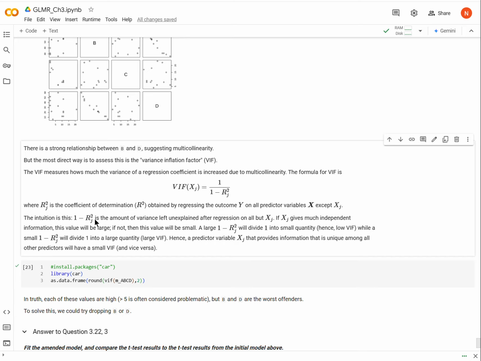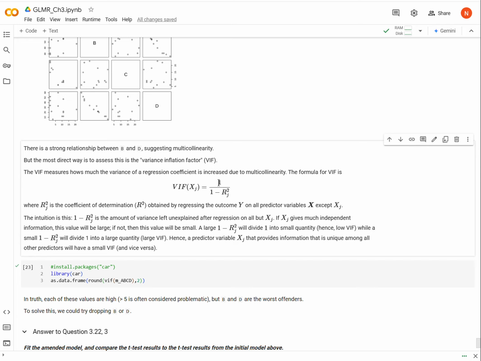Okay? So if xj is informative, if I regress without xj, well then this r squared value is going to be small, and 1 minus a small value is going to be pretty close to 1.